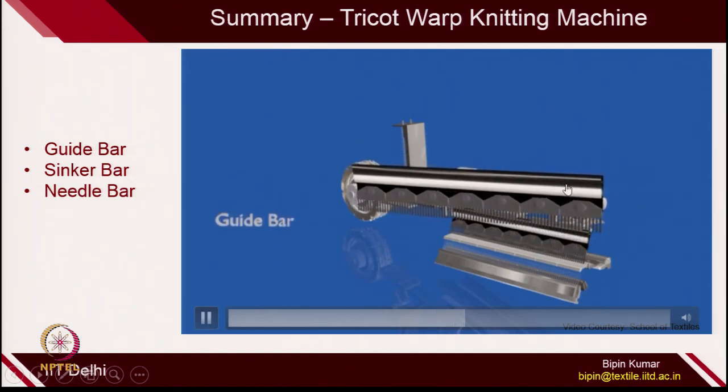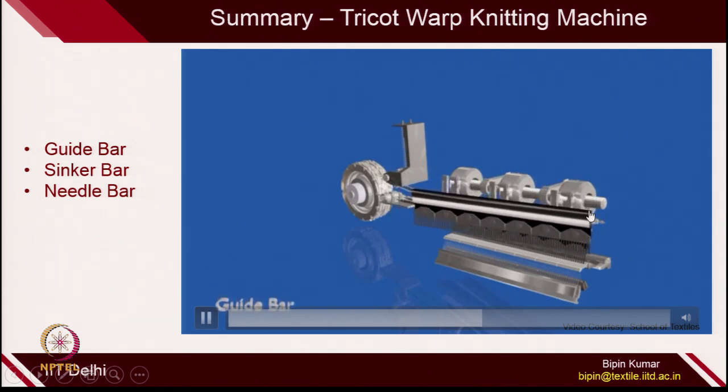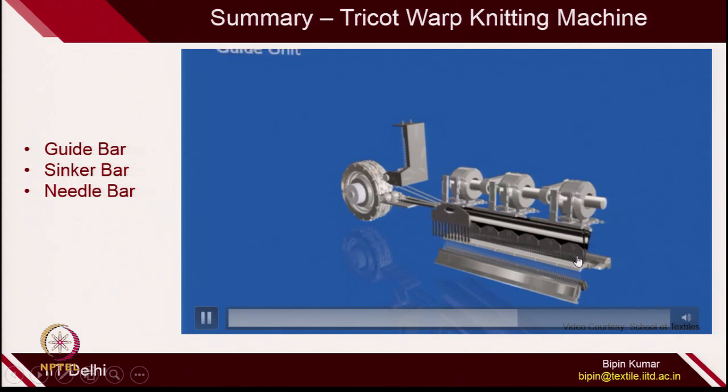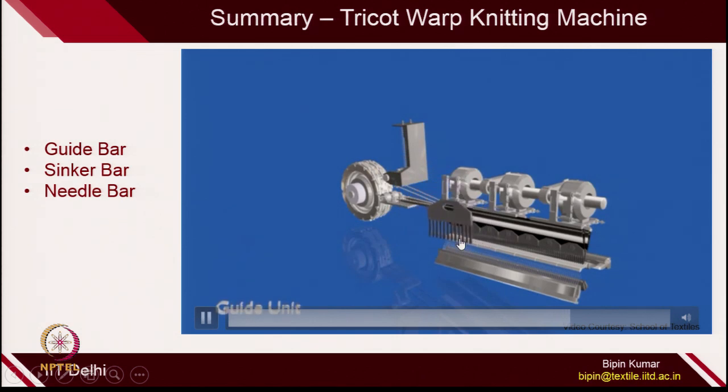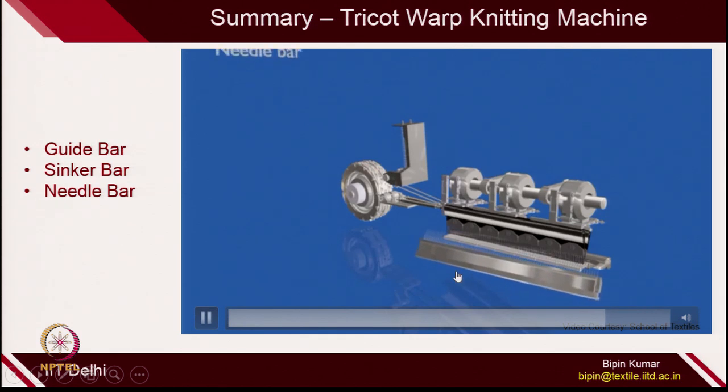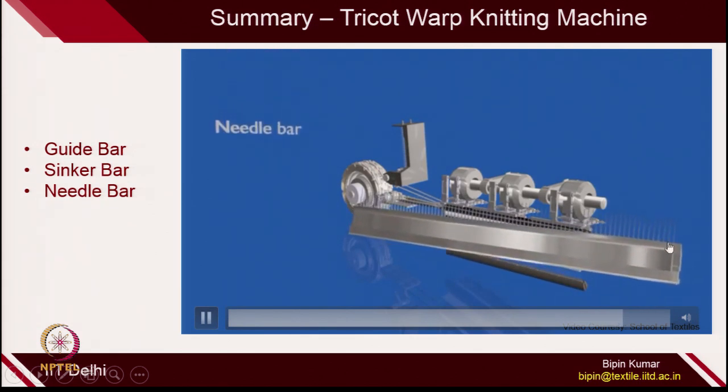This is the entire bigger rod, and on this rod individual guide blocks are placed. This is one block of guide and you can see multiple guides here. Each guide will be carrying one yarn. Similarly, you have the needle bar where needles are placed along the row.